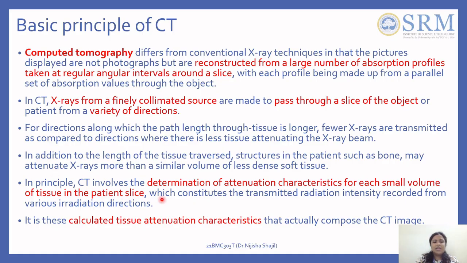Now, in principle, CT involves the determination of attenuation characteristics for each small volume of tissue in the patient's slice. This is derived from the transmitted radiation intensity recorded from the various irradiation directions. It is these calculated tissue attenuation characteristics that you use to compose the CT image.